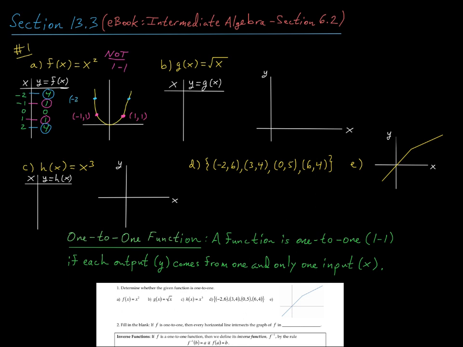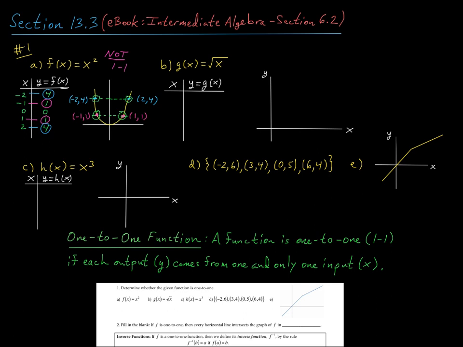Okay, now the big takeaway from this is that, well, one, it's not one-to-one. We know that from just looking at the table. But looking at the graph, the failure to be one-to-one can also be seen by the fact that these horizontal lines intersect our graph in more than one place, right?